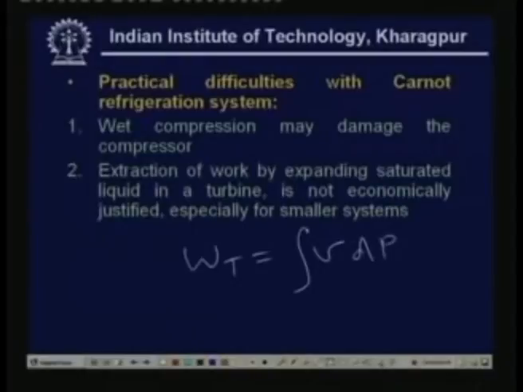And since you are expanding the liquid, and liquids have typically a very small specific volume, this is very small because of the small value of specific volume. As a result, compared to the compressor work input, the work output of the isentropic turbine is very small. Over and above that, an actual turbine will be different from an isentropic turbine because there will be some irreversibilities. So the actual output of a turbine will be much less than the isentropic work output.